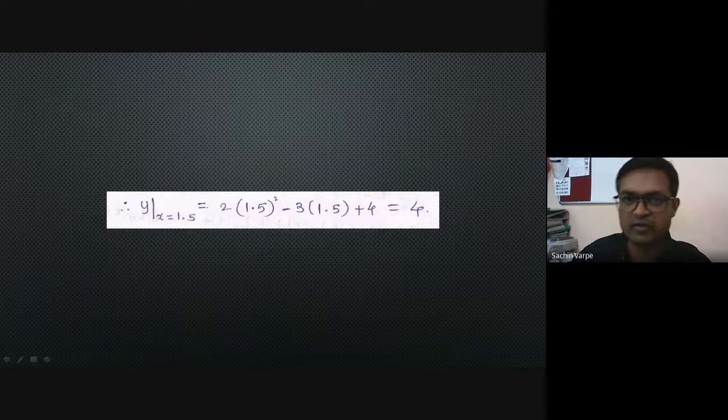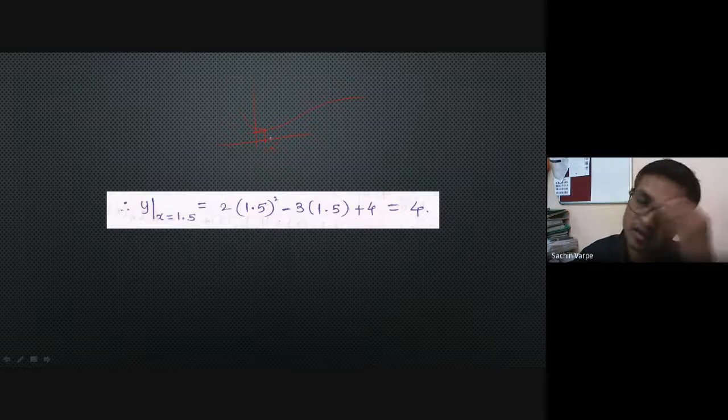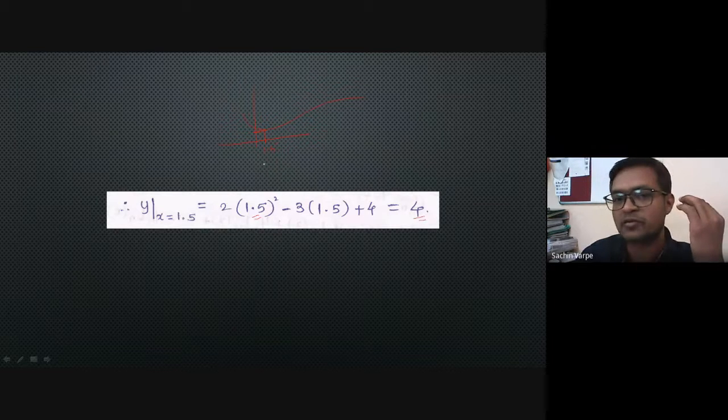Once we get the nature of the curve like this, they have asked the value of y at x is equal to 1.5. So how do we get that value? Just substitute x is equal to 1.5 into the given polynomial. That will be 4. So for x is equal to 1.5, this value will be 4.